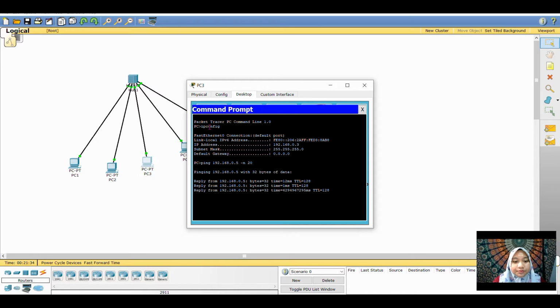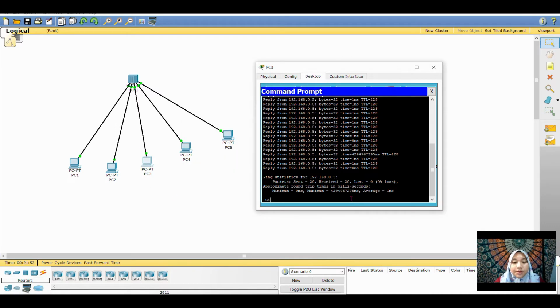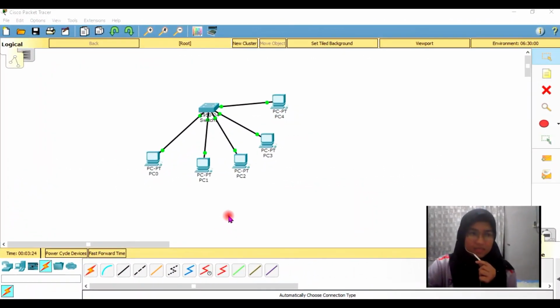This is a static IP address, packets sent 20, received 20, loss 0. For the minimum 0 millisecond, maximum, and for the total 1 millisecond. Okay, this is a network using a hub.